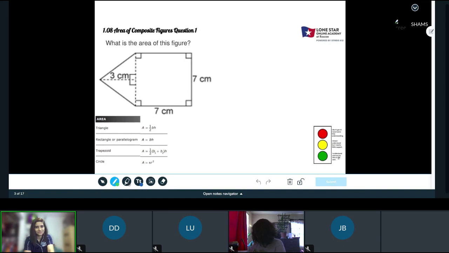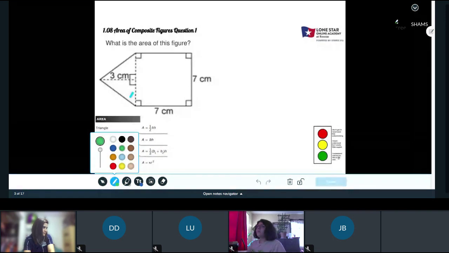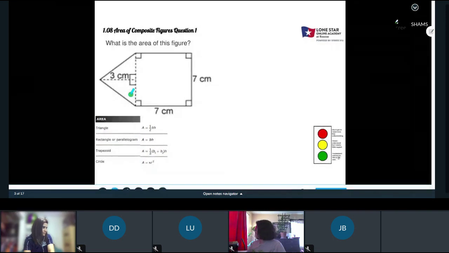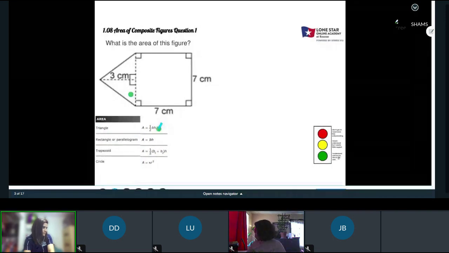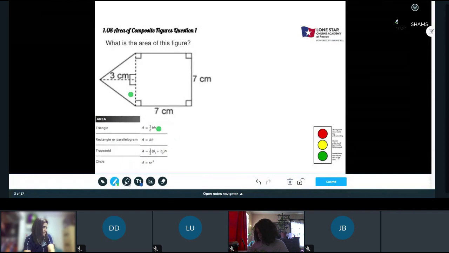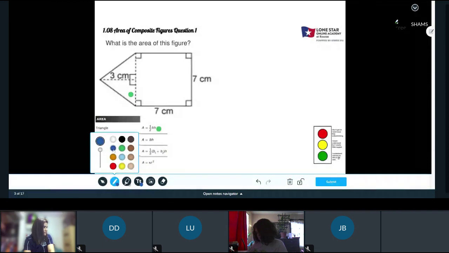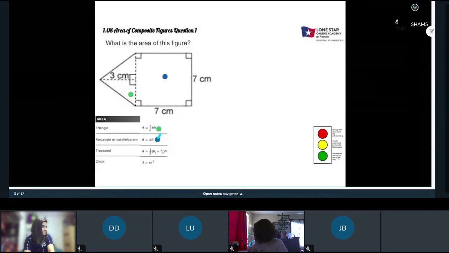And here it is. Get started. Color code your work if that has helped in the past. Triangle, formula for triangle. A square, and I would use this formula for a square.